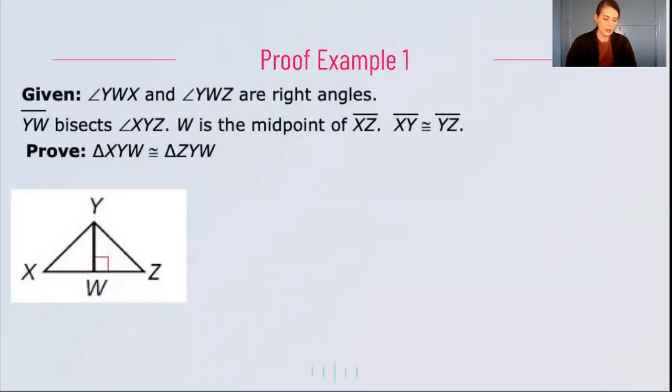So the first is YWX, and this other one are right angles. So I have two boxes that lets me see that those are right angles. Next, it says YW bisects XYZ.